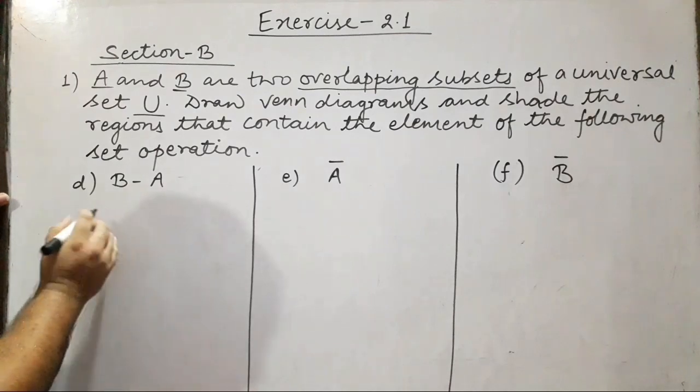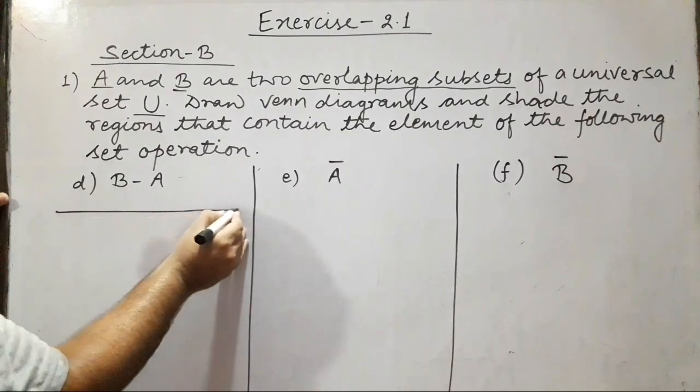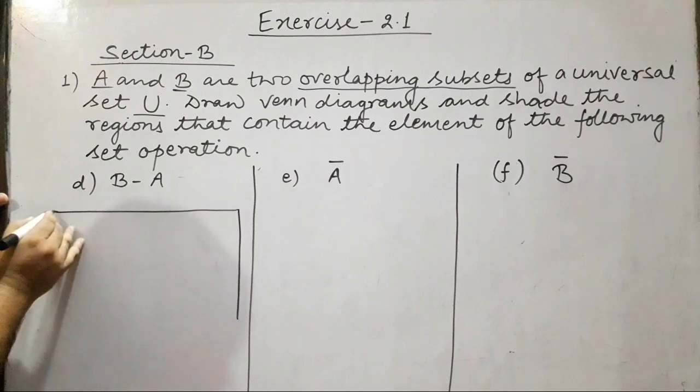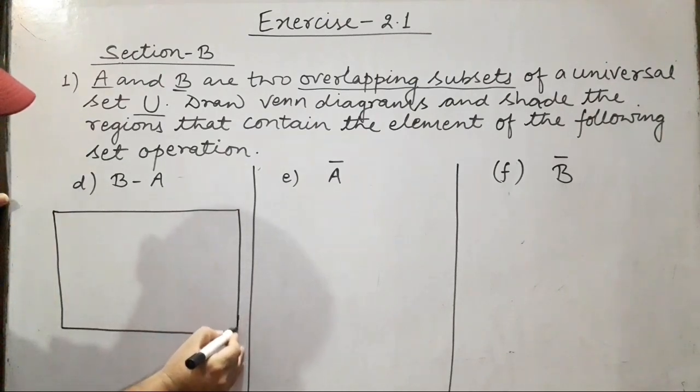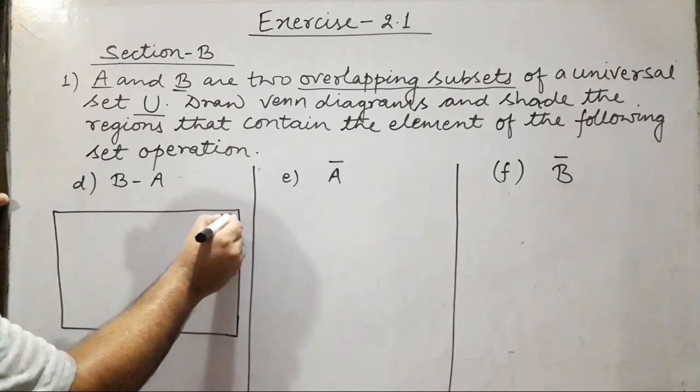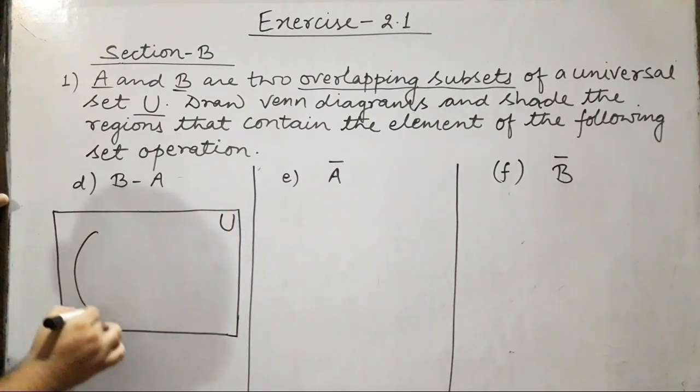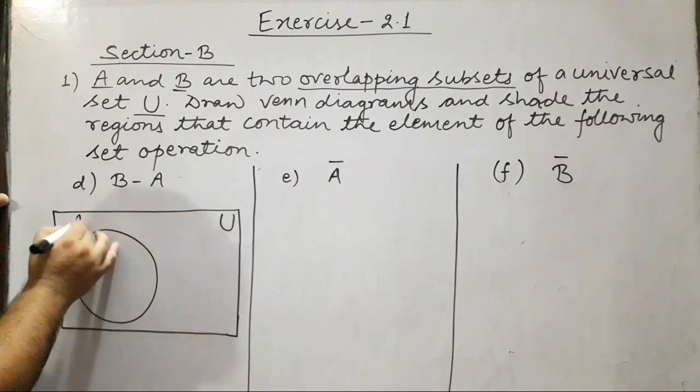B minus A. Let's draw the Venn diagram. This rectangular part is the universal set. Figures remain the same.